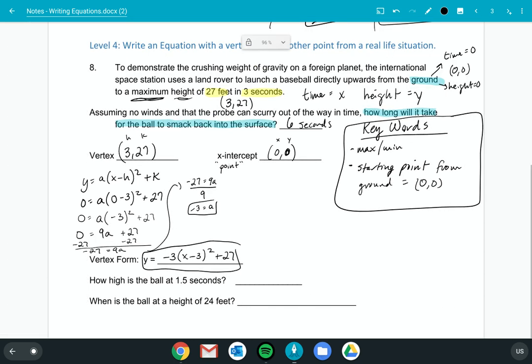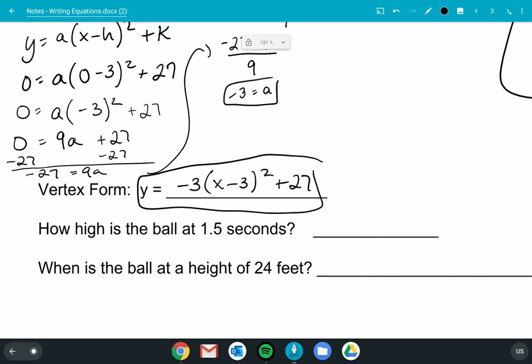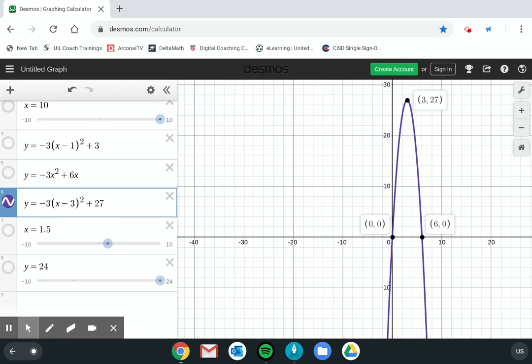Now, when it's asking how high is the ball at 1.5 seconds, we need to think about what they're giving me. Is seconds x or is it y? It's a time. So what they're saying here is if x is 1.5, what's y? What we can do is graph x equals 1.5 and find where that intersects.